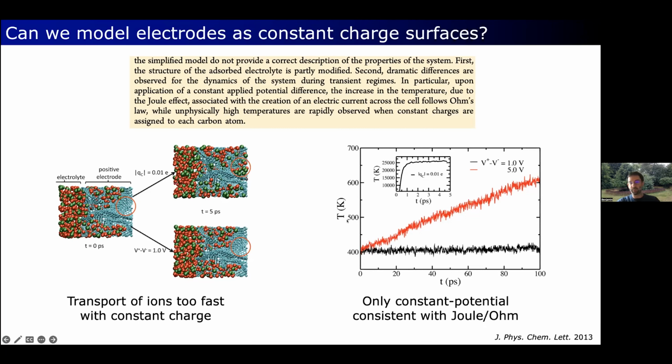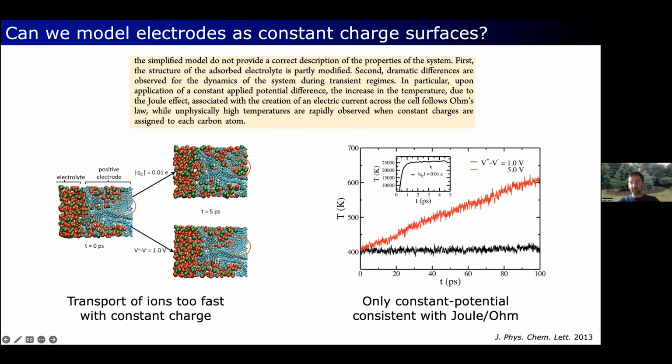So if you look at the temperature increase as a function of time during the charging process, without a thermostat, because otherwise the temperature would be constant. The temperature increases slightly for a relatively small voltage. If you multiply the voltage by 5, then the slope, so the power that you inject, is multiplied by a factor 25, as you would expect from the Joule heating process, using Ohm's law.